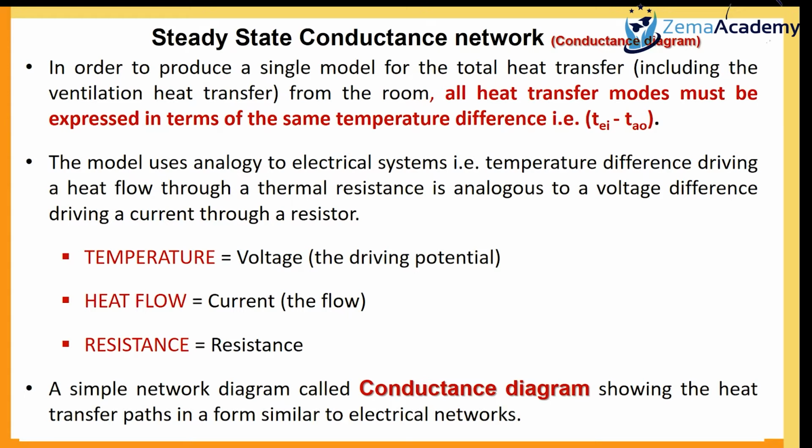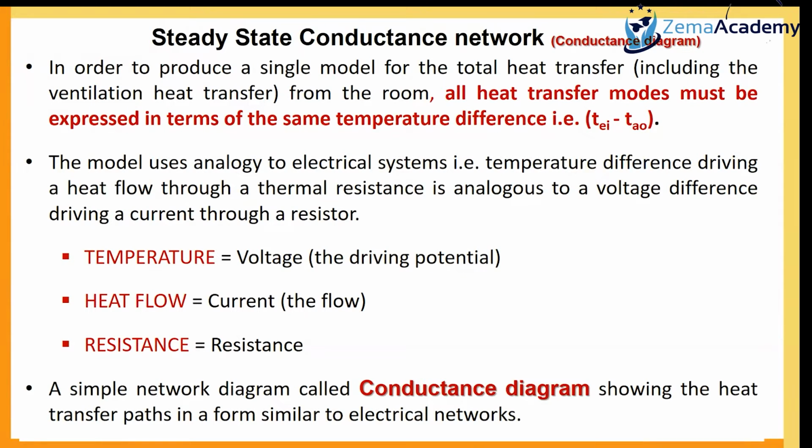So if you remember, when we started off in week 1, I said that all these heat transfer modes can be modeled with the help of electrical systems. So what we did at that point of time, I told you that when we use heat transfer models, we can use the equations of electrical systems, because we say there exists a similarity between the thermal systems and the electrical systems.